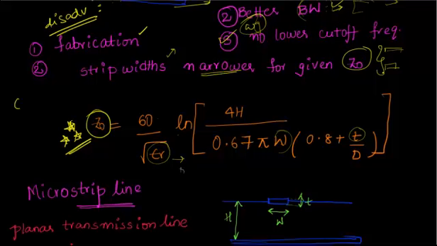Actually, you have terms called relative permittivity and effective permittivity. For normal strip line and offset strip line, both of them are equal. But for the other variant, both are not equal. So, you have to calculate effective permittivity again.